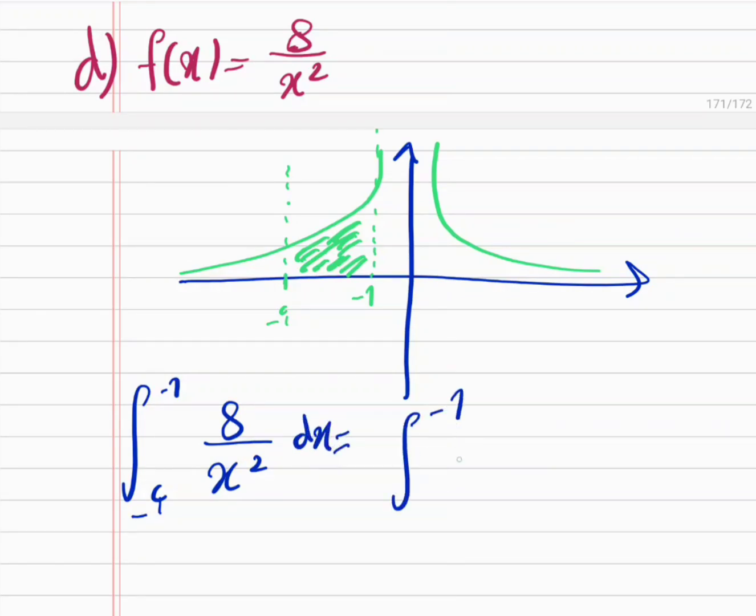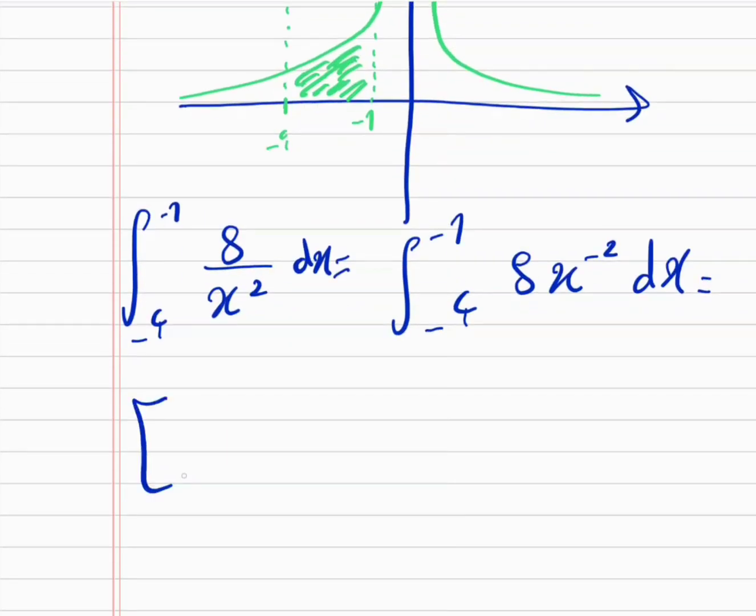Now we rewrite the integral in the form x to the power of n, so it becomes 8x to the power of -2 dx. Now it becomes minus 8x to the power of -1, and then we have -1 and -4 here.